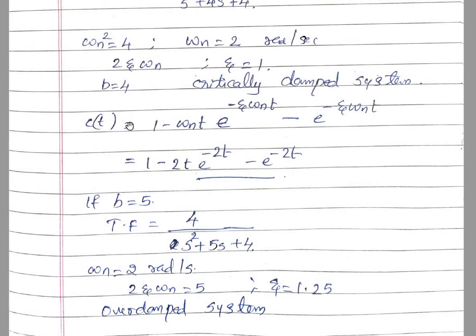Now, we can write the general expression for a critically damped system. C of t is equal to 1 minus omega n t e raised to minus zeta omega n t minus e raised to minus zeta omega n t.